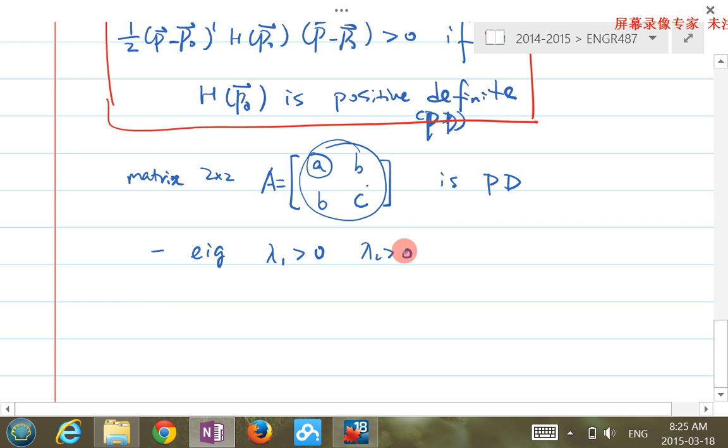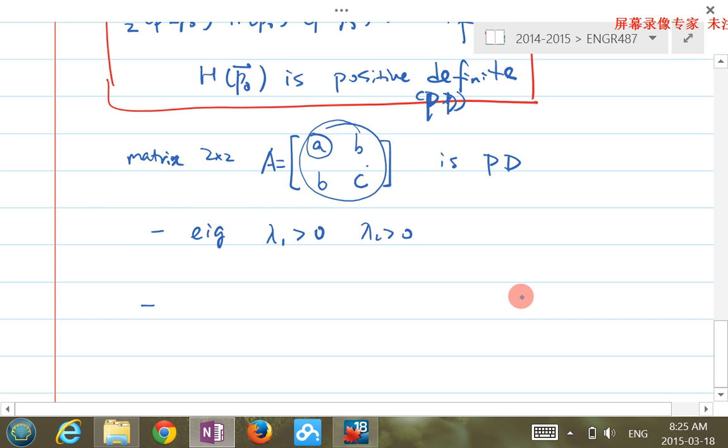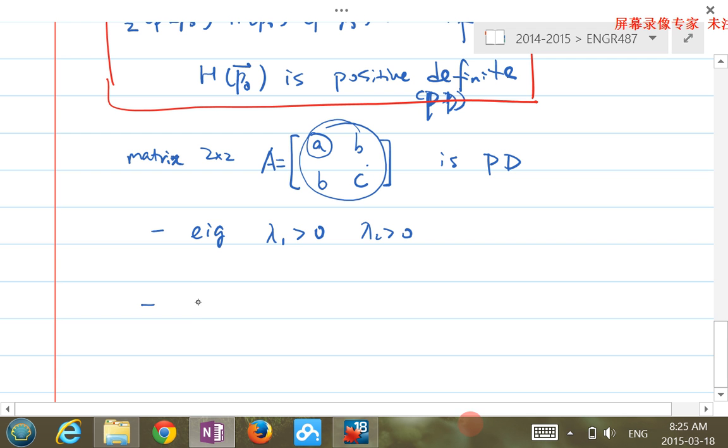That's one way of looking at it. The other way, as I said, is the determinant test: A has to be greater than 0, and this 2 by 2 determinant needs to be greater than 0. So this is AC minus B squared greater than 0. Those are ways of looking at it.